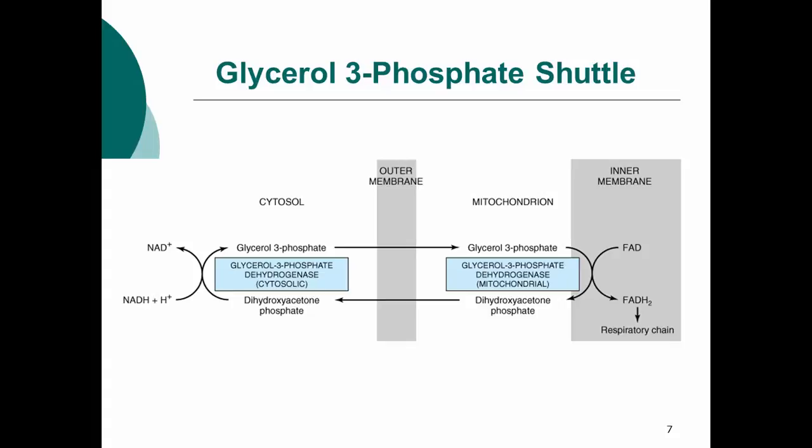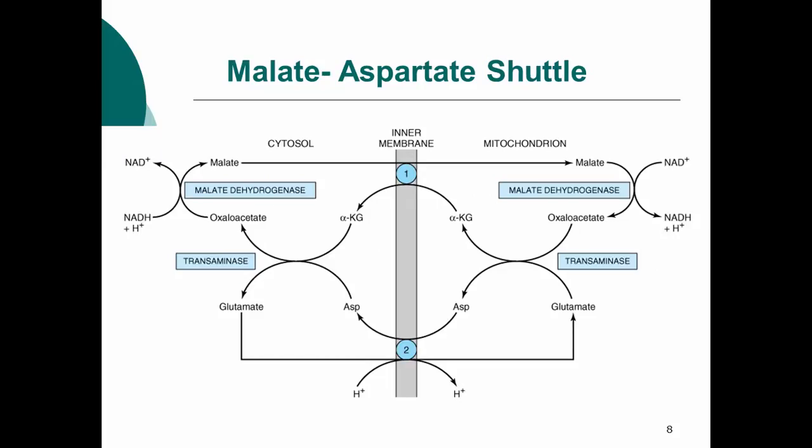Okay, so the other system is called the malate-aspartate shuttle. Again, if NADH is transported into the mitochondria by malate, it's different. Malate is able to pass the electrons from NADH to NAD inside the mitochondria, right?